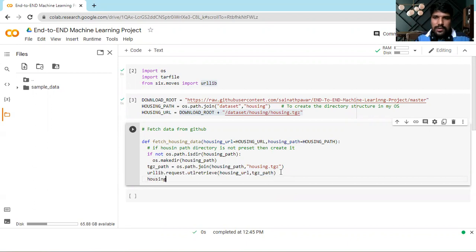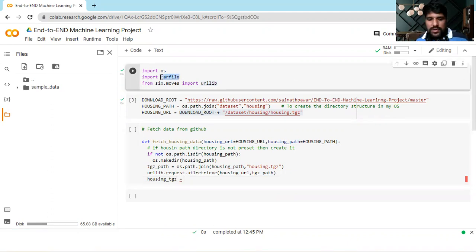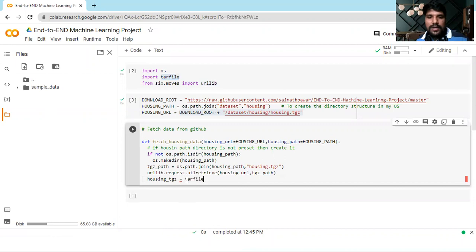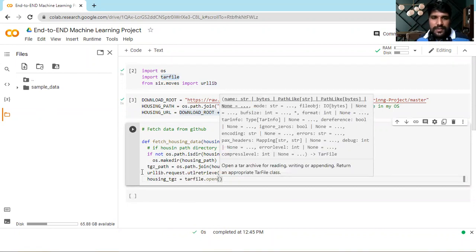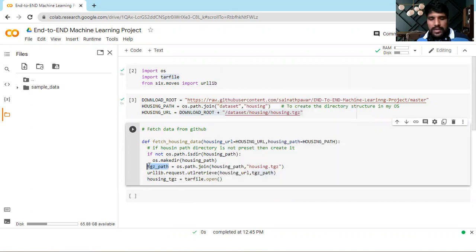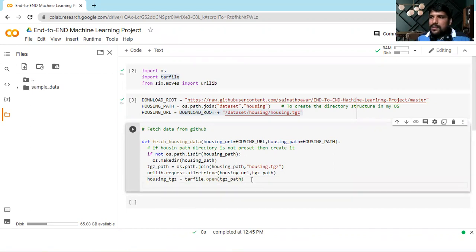So I will use another variable, housing tgz, equal to tarfile.open, because I have the library called tarfile. Where I saved it is the tgz path, so I will use tgz path. Because that data is stored in the tgz path, I have to open that tar file. Once data is saved there, I will open that tar file, and after opening, I have to extract the data.